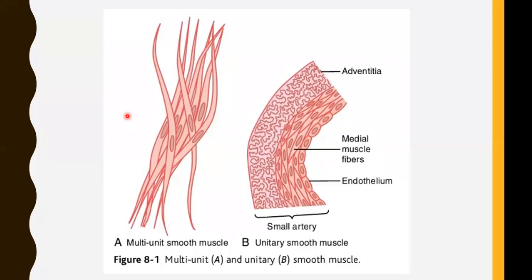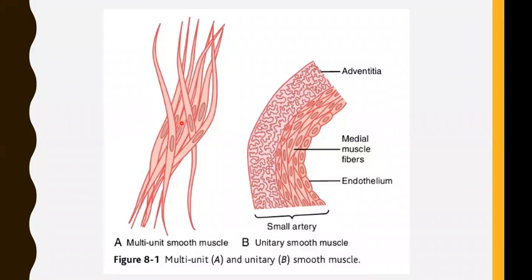And the smooth muscle fibers are of two types. You can see here the multi-unit smooth muscle fibers and the unitary smooth muscle fibers, and what the difference is.